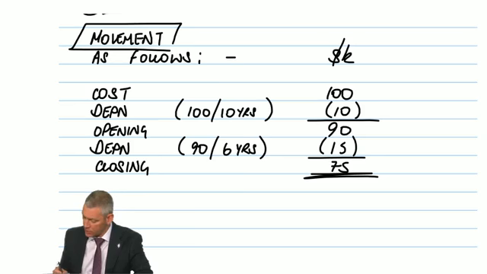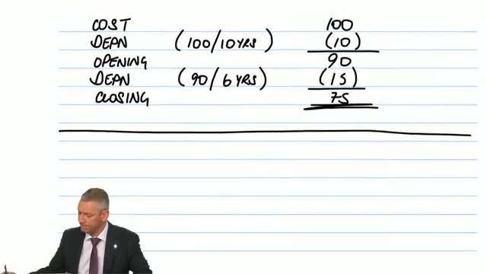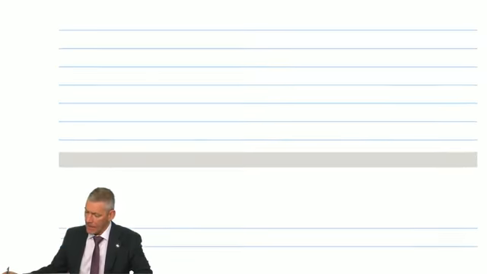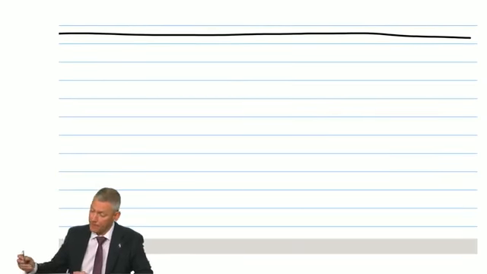Which brings us to the 2 biggies in this chapter, being PPE revaluation and PPE impairment.